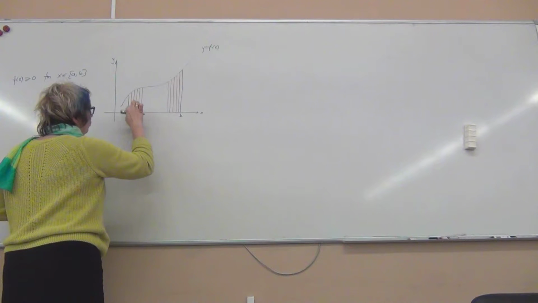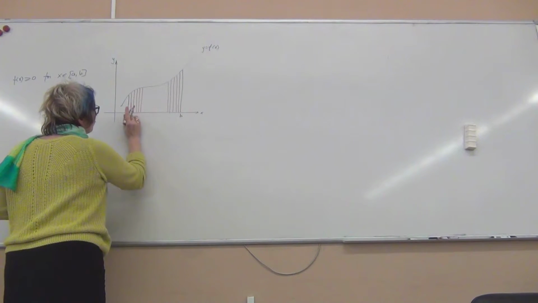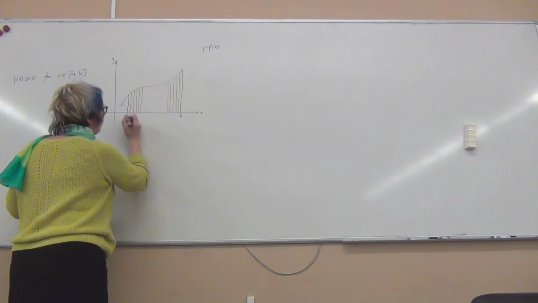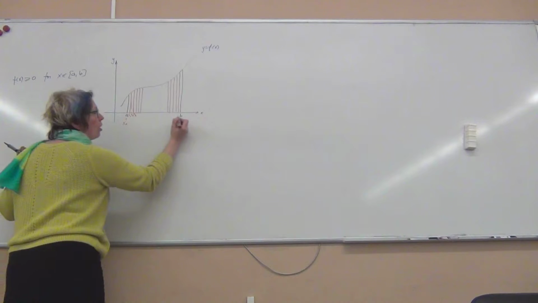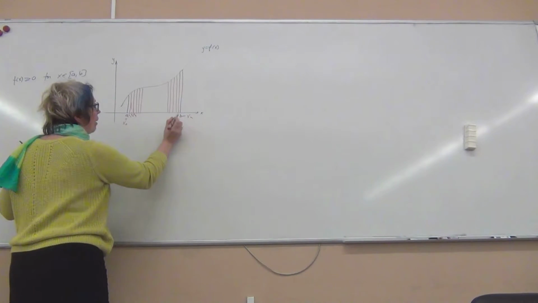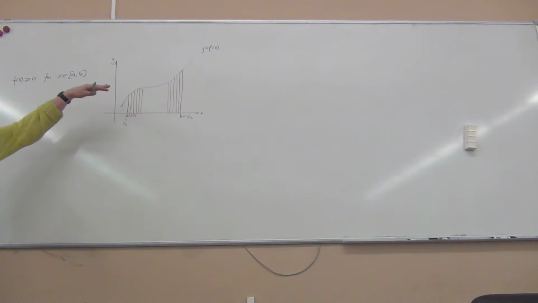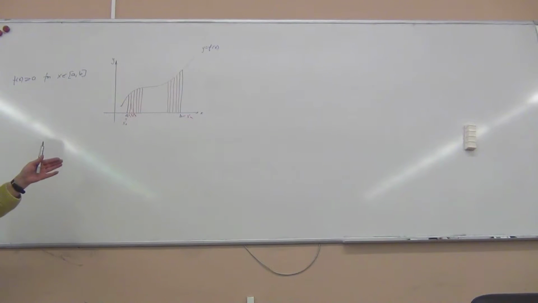I know it's not very accurate, it looks strange, but okay, this is x1, x2, x3 and so on, and if we could say that A is x0, then B will be xn, so we have n very thin slices, and the width of each slice will be the same. It's not necessary, but it's the most obvious, the most understandable method to show you how we can find the area of this curvilinear trapezoid.